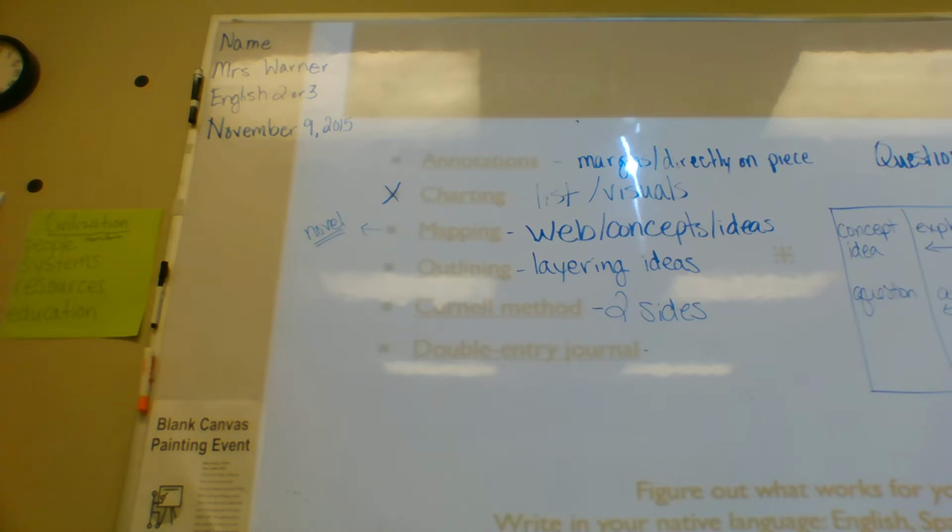So the Cornell method, when could we possibly use the Cornell method? When you're doing something about a story. Okay. So this might be helpful when you're writing your own stuff. It's usually more helpful when you're reading.